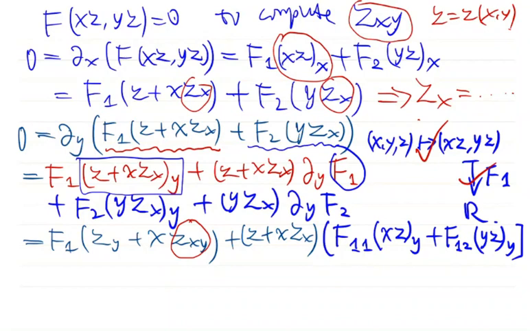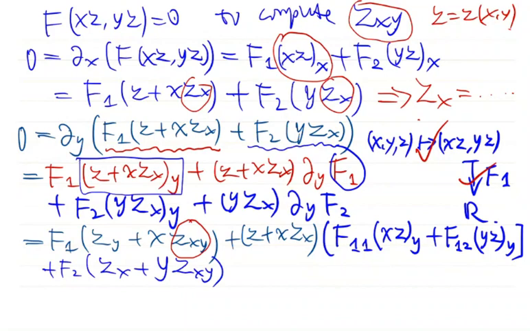And for the f2, the second line of the previous step, it is similar. So we add f2 times the derivative of y zx with respect to y, which is zx plus y zxy.